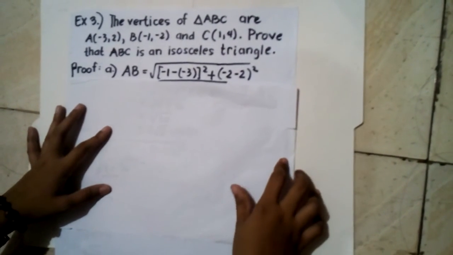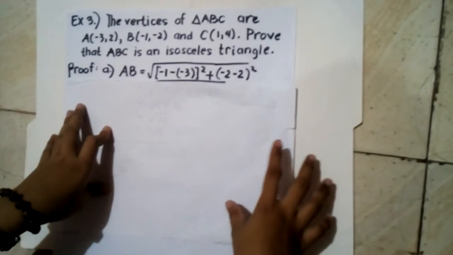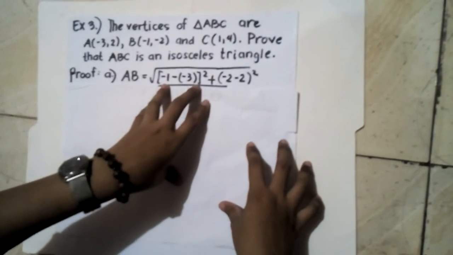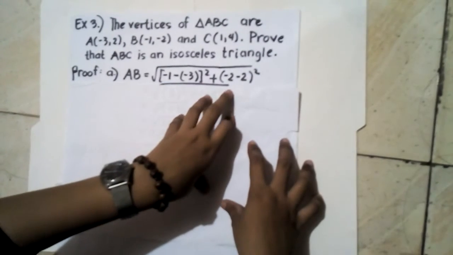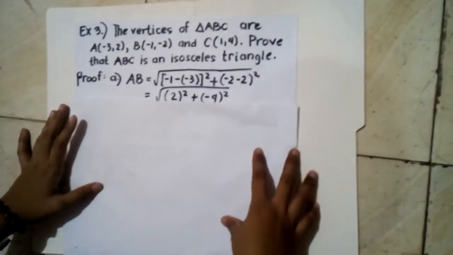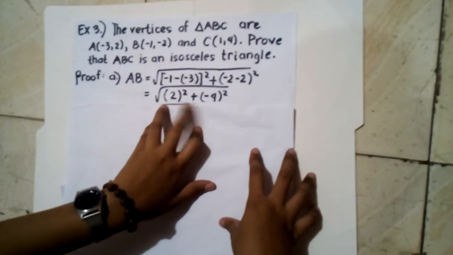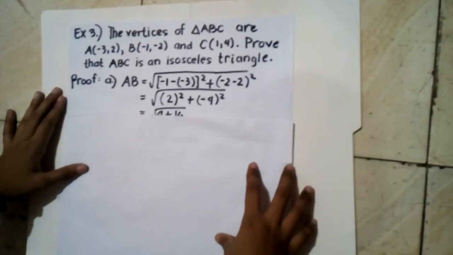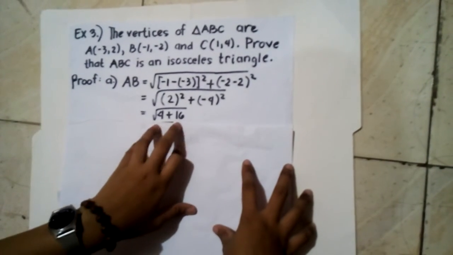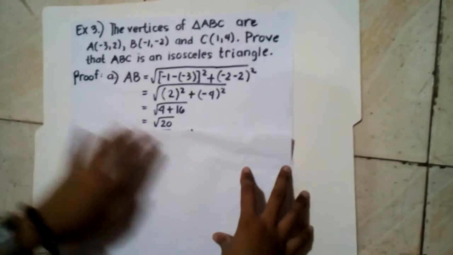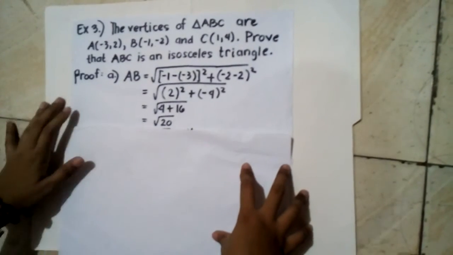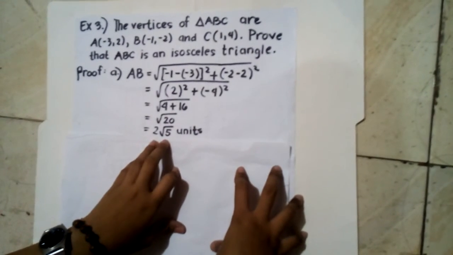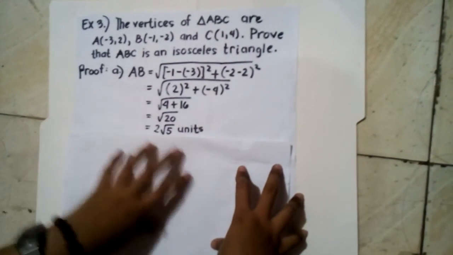By the distance formula and by substitution of its coordinates, we have (-1 minus -3) squared plus (-2 minus 2) squared. And this is equal to 2 squared plus -4 squared, which is 4 plus 16, the square root of 20. And by simplifying, we'll have 2 square root of 5 units. So that is now our AB.